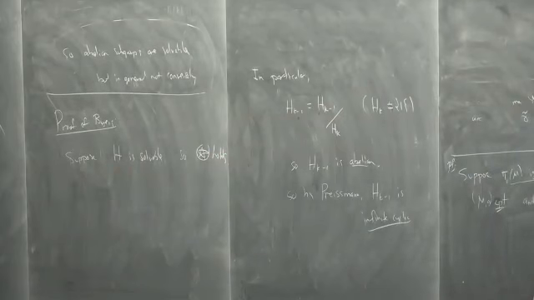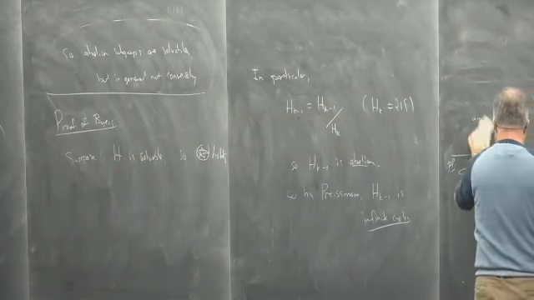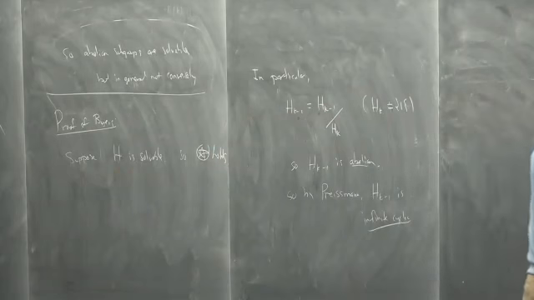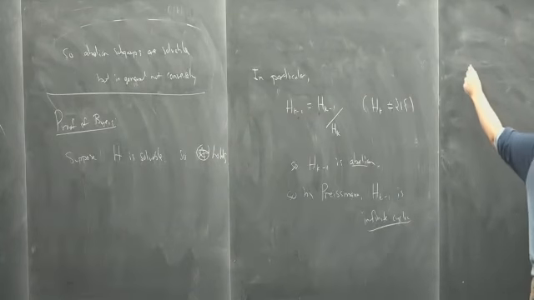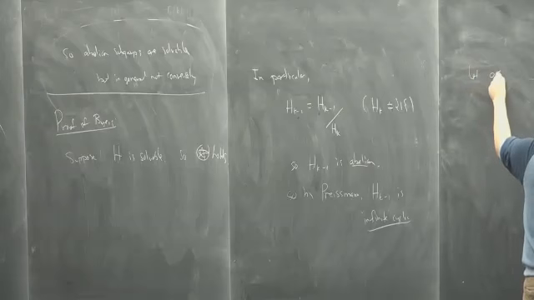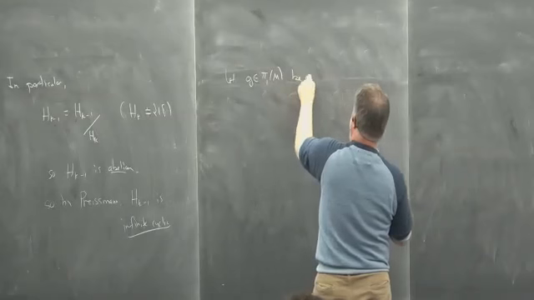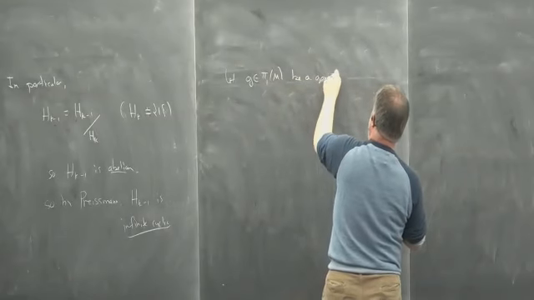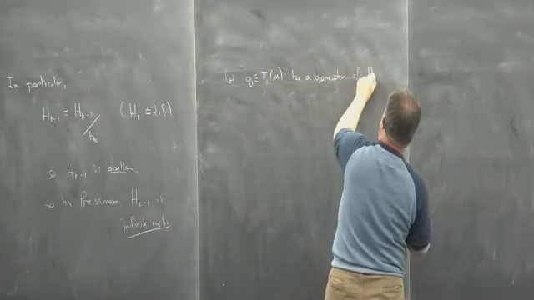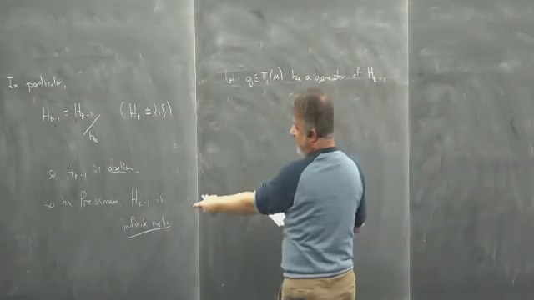Every element of h_{k-1} leaves invariant the same geodesic of the universal cover when you think of it as a deck transformation. So let g in pi_1 of M be a generator of h_{k-1}, because it's infinite cyclic, right?